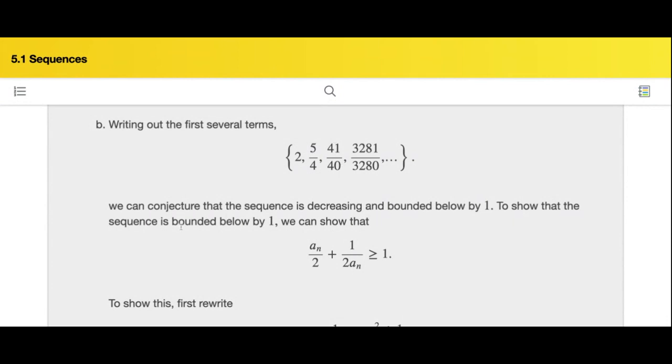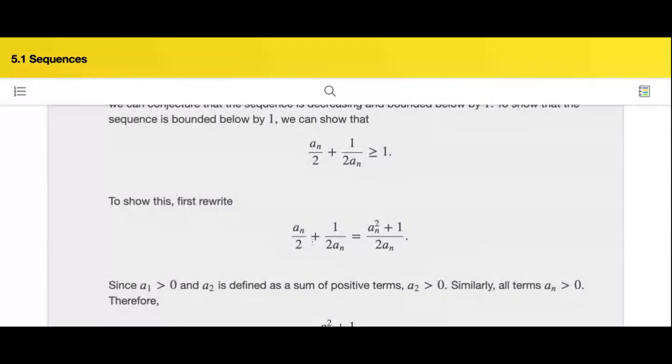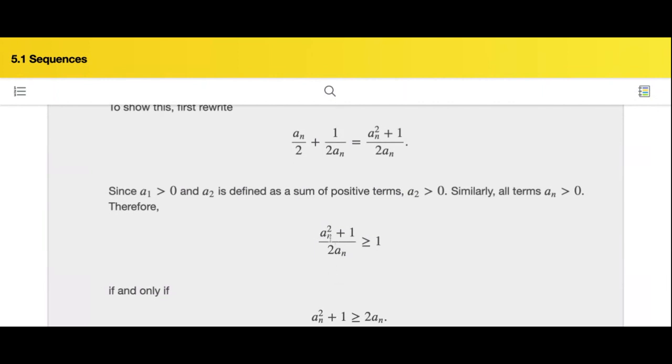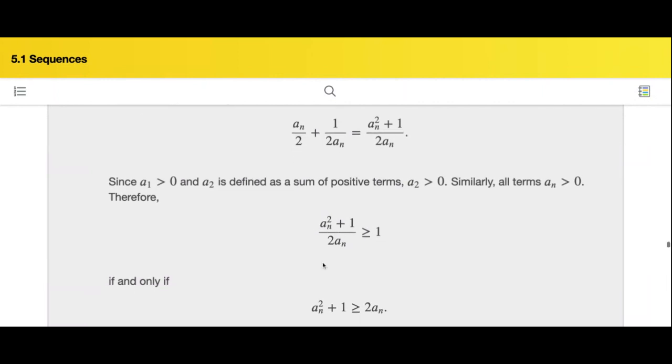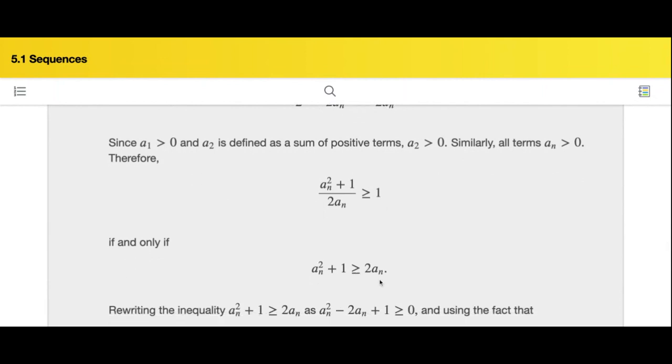To show that the sequence is bounded below by 1, we can show this is always greater than or equal to 1. To show that, we can combine those two terms. Then we see this is always greater than or equal to 1 when an is positive, if and only if, we multiply 2an on both sides, an squared plus 1 is greater than or equal to 2an.